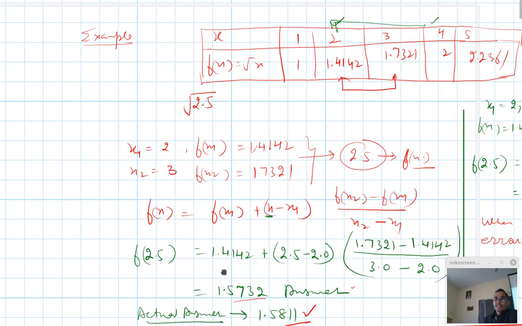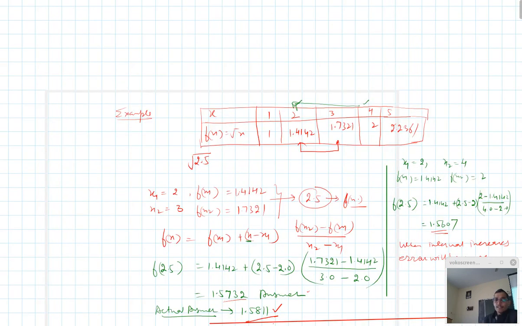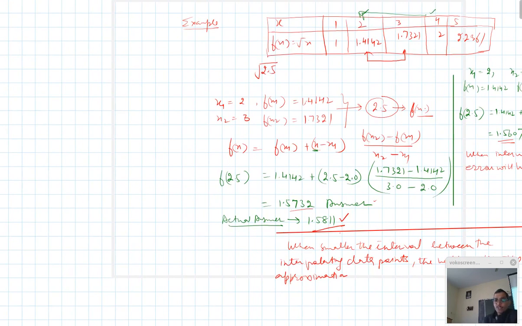Say these are the data points we are having, and let me try to plot them. Say it is 1, 2, 3, 4, and 5.